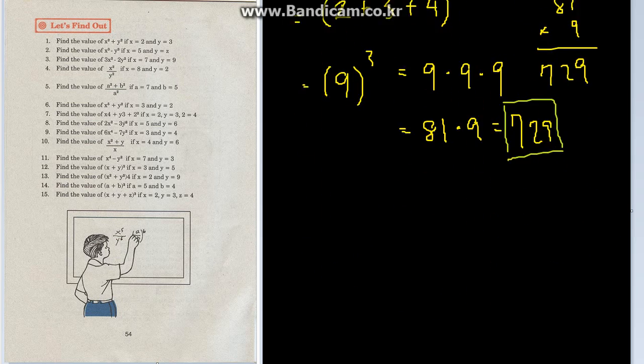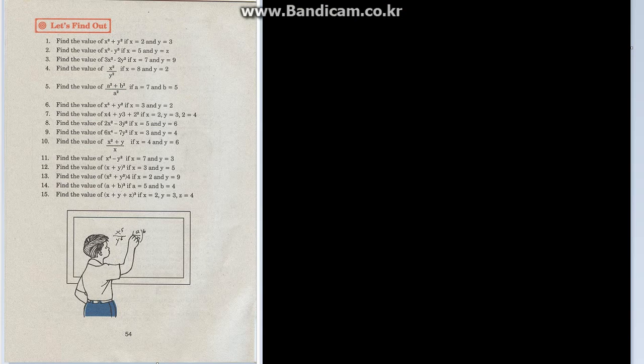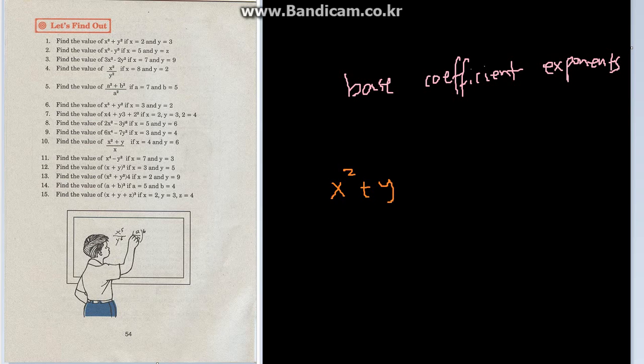So in lesson 4 we have learned how to deal with expressions with exponents. In the previous lesson we learned about base, coefficient, and exponents, and in this lesson we learned how to calculate things like x squared plus y squared when we are given x is equal to some number and y is equal to some number.